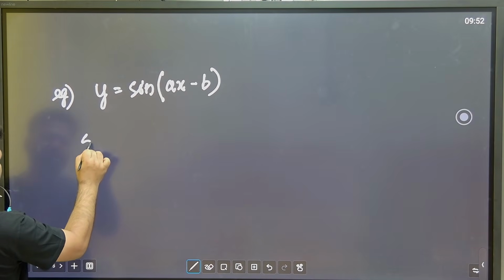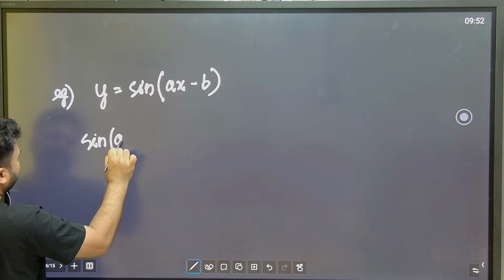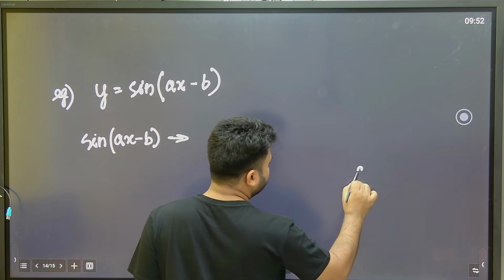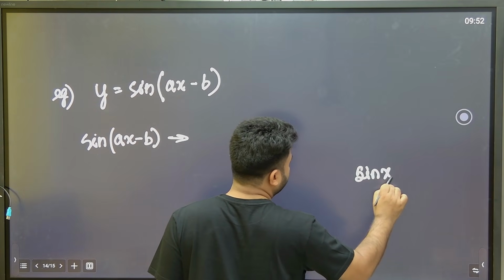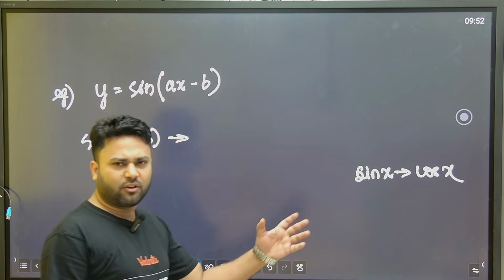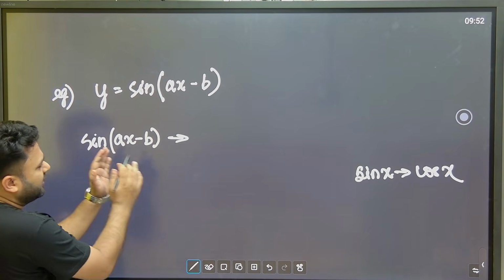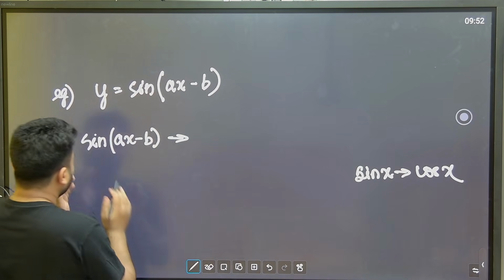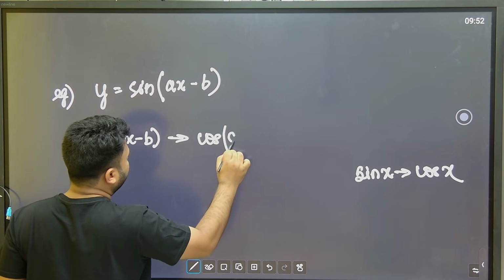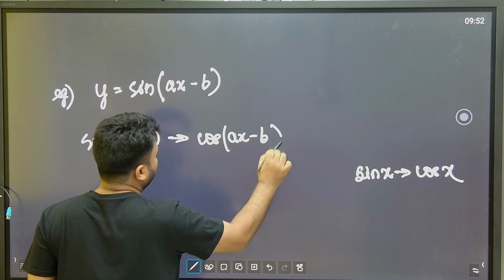Now we know that sine of x differentiation is cos of x. This is our formula. So sine of something differentiation is cos of something. So cos of ax minus b. This is our first step.